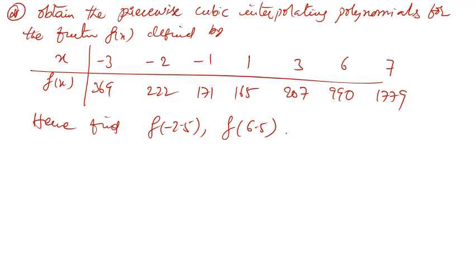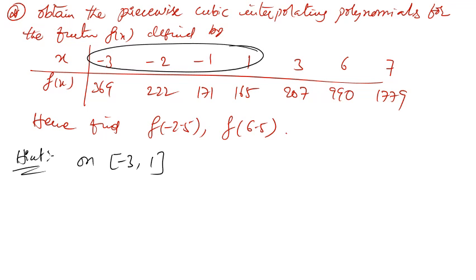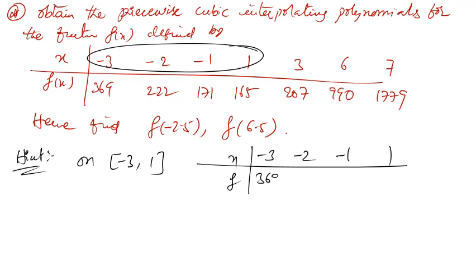Okay, solve this problem. The hint is: the first interval is what? On minus 3, 4 points, minus 3 to 1. So data is what? X versus f: minus 3, minus 2, minus 1, 1, 369, 222, 171, 165. So this is xi, xi plus 1, xi plus 2, xi plus 3, with corresponding f values fi, fi plus 1, fi plus 2 and fi plus 3.